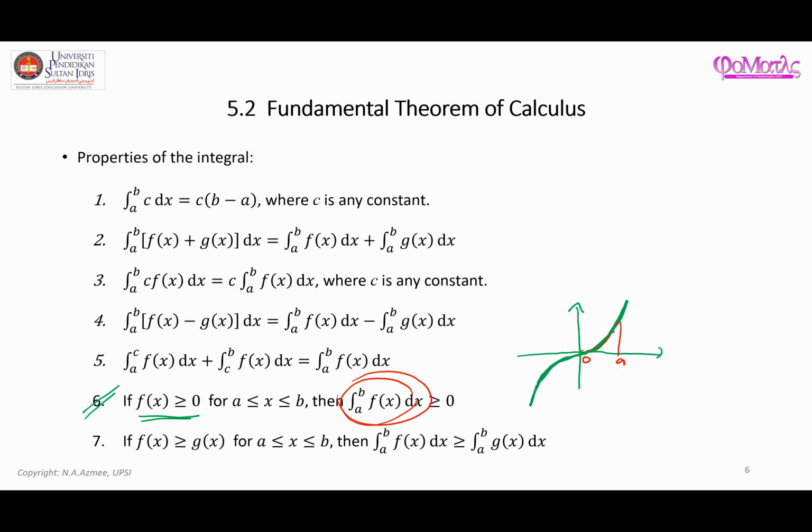So the integral evaluated here will be a positive result, greater than 0. Now if you see for this one, from this point maybe until this one B, this function here, this is f(x), this is less than or equal to 0. So therefore on this part here, the result is going to be negative.